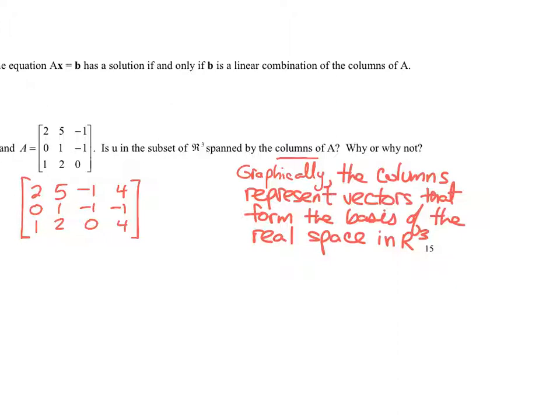All right, it's not necessarily going to represent all of 3 space. It could be what we call a subspace. So it could just be part of the real space.